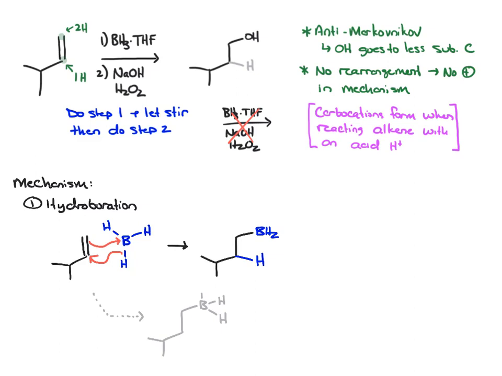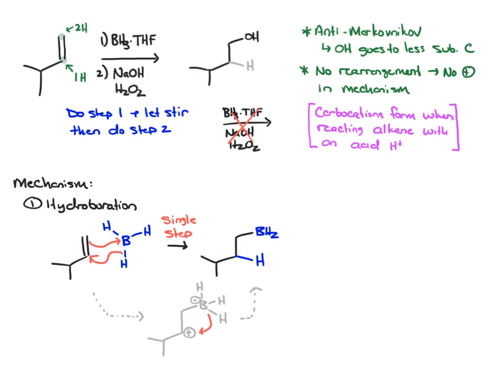So now you have 4 bonds on the boron and a negative charge, and you would get a carbocation. And then one of these hydrogens would go to the positive charge and take you to this product. Now that intermediate does not form, this doesn't happen. This is in reality a single step.